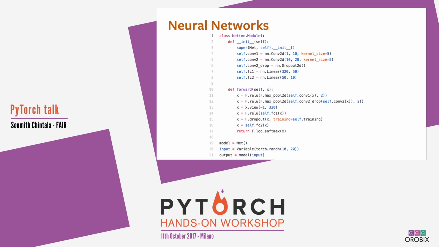Then I reshape the tensor to a flattened 1D tensor, and send it to the fully connected layer where a standard affine transform is performed, apply some more dropout, and finally compute log probabilities of the output. That's how your neural network is defined.